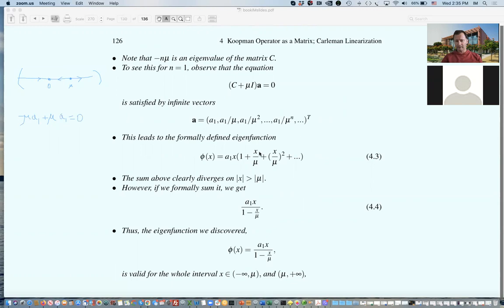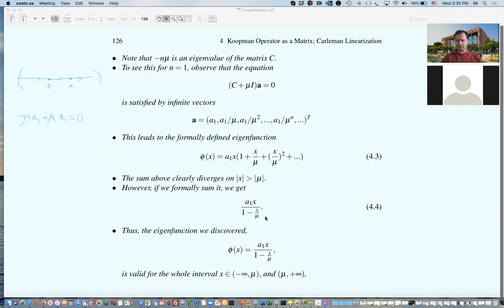In fact, for a geometric series, 1 plus r plus r squared and so on, the result is going to be 1 over 1 minus r. So my r is x over mu, and here is a1x. So I obtain a1x times 1 over 1 minus x over mu. So I sum it up, at least for x over mu less than 1, and this is phi of x.